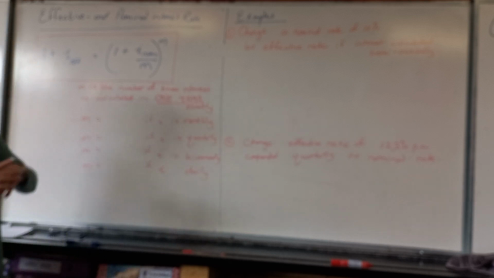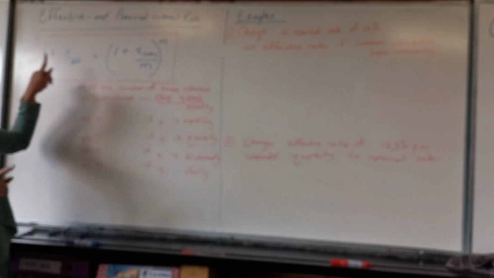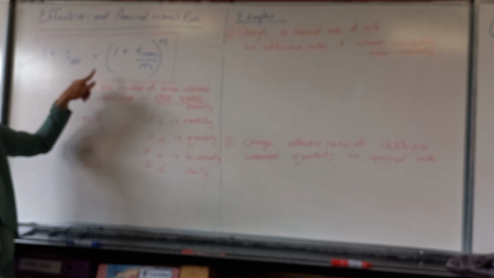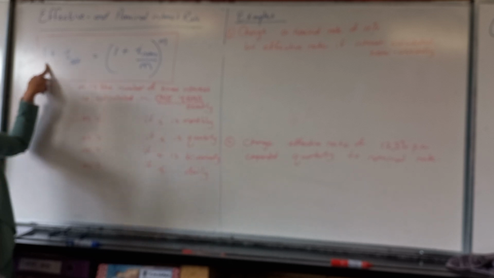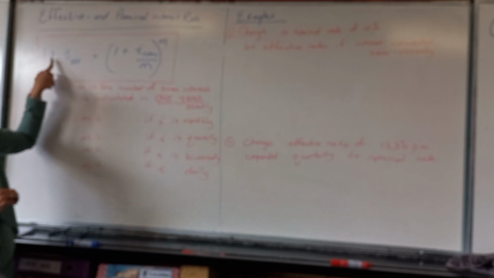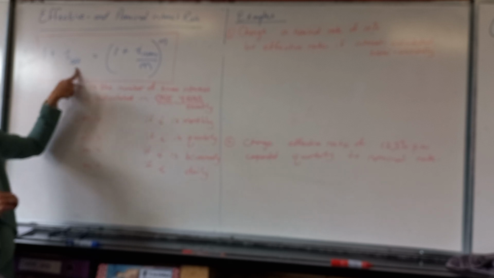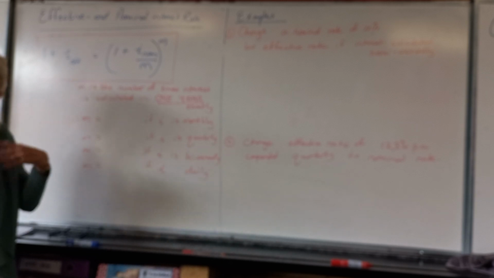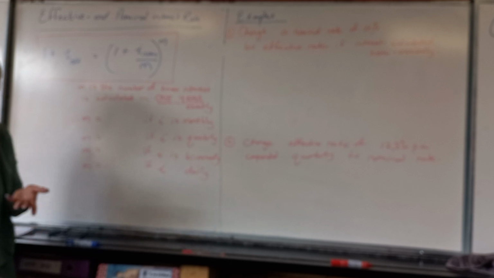Are you with me? The formula though says 1. So what is going to happen to the 1 in the formula? It's 1, like all the time in all your formulas. The 1 is a constant, then plus the effective interest rate. So effectively, in effect, you should get a little bit more the more frequently the bank manager compounds it. You're going to get more money than me if I only get it monthly and you get it daily.